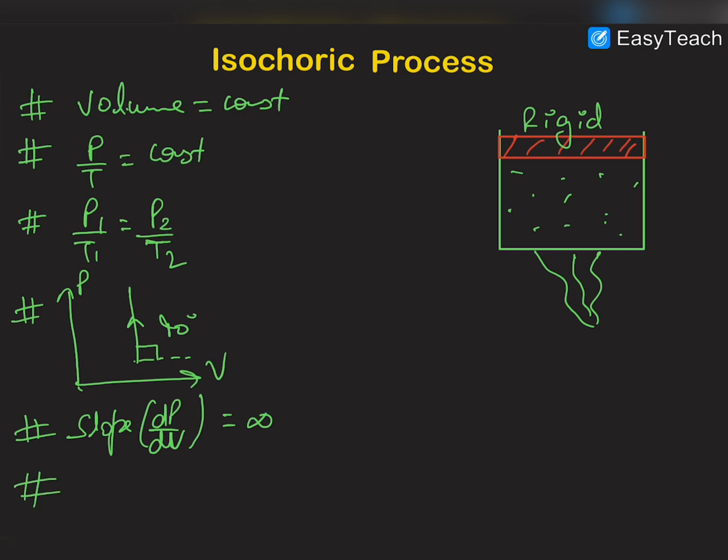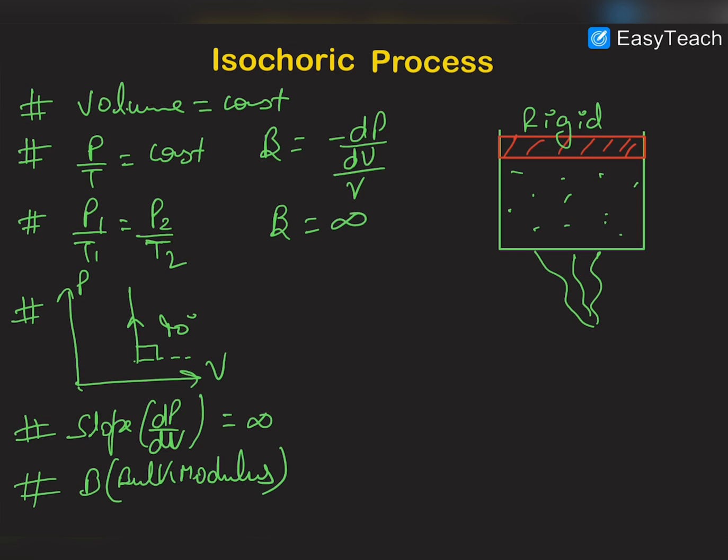And if we talk about the bulk modulus, the bulk modulus beta will be minus dP by (dV by V), and this you can find in the solids elasticity part about the bulk modulus. So again the bulk modulus will also be infinity.